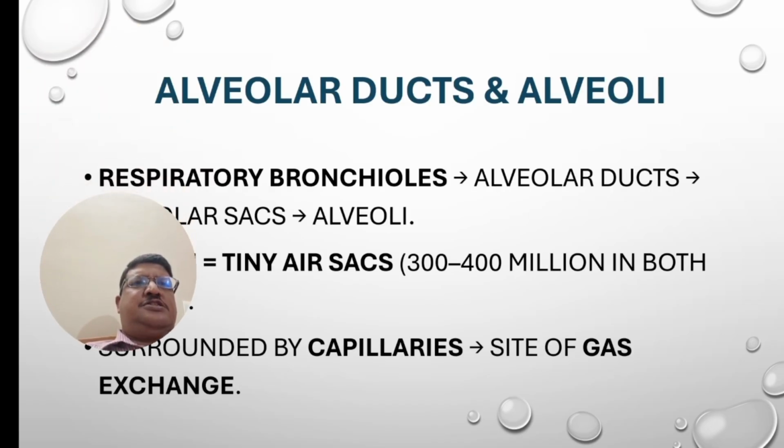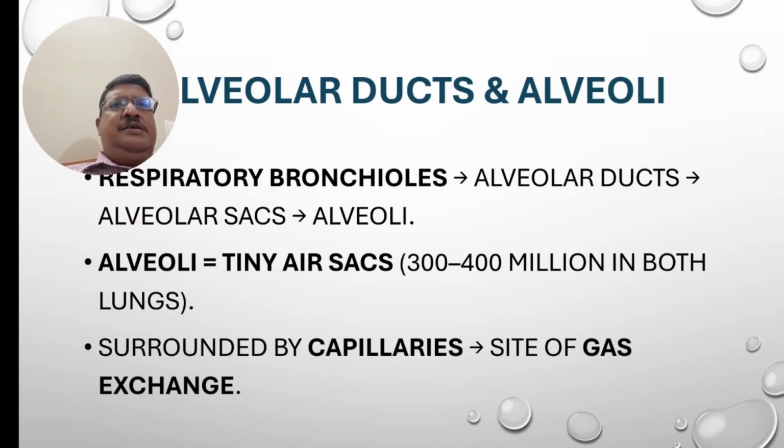Now alveolar ducts and alveoli: respiratory bronchioles, alveolar ducts, alveolar sacs, alveoli. Alveoli are tiny air sacs, 300 to 400 million in both lungs, surrounded by capillaries, the site of gas exchange.